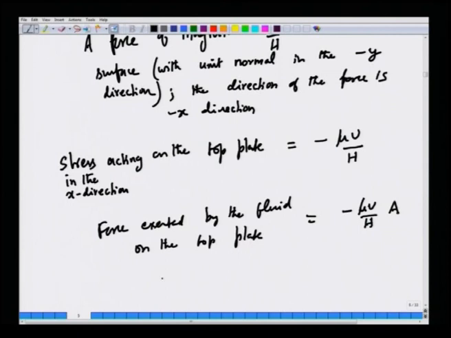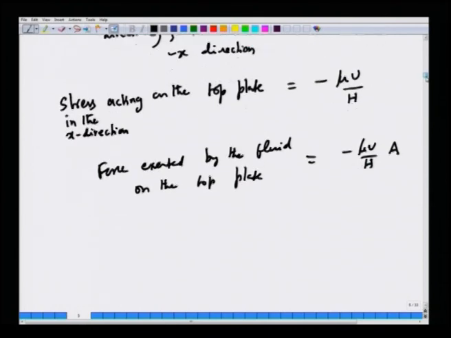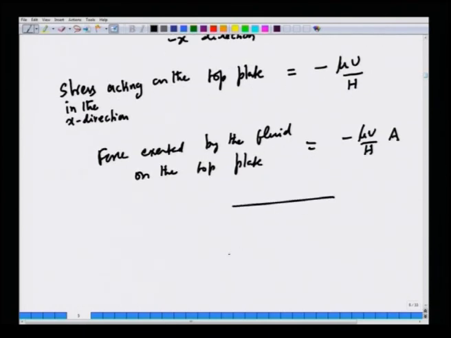So, this is the force exerted by the fluid on the top plate. When the fluid moves here, it exerts a force in this direction. The force exerted by the fluid on the plate is in this direction.